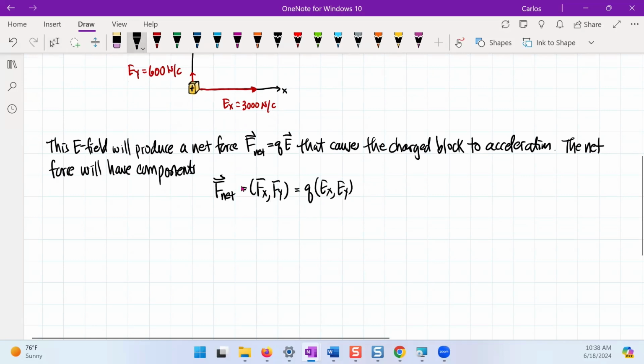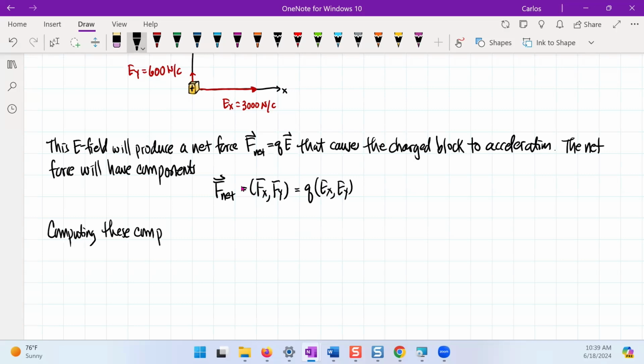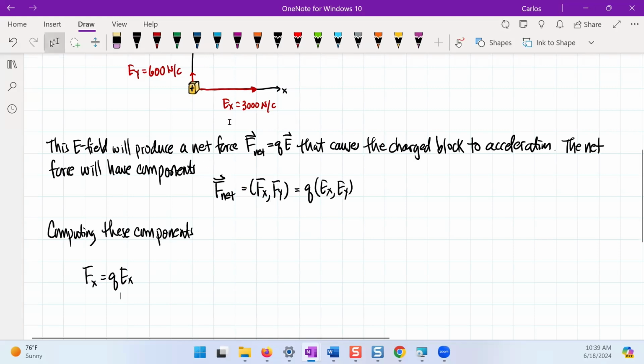So now let's compute these components. The force in the x direction is going to be the charge times the electric field. The charge here is 0.8 microcoulombs.